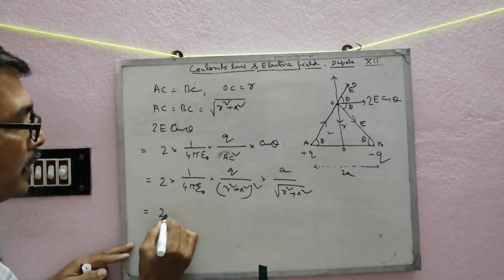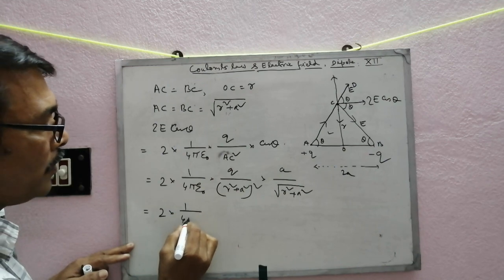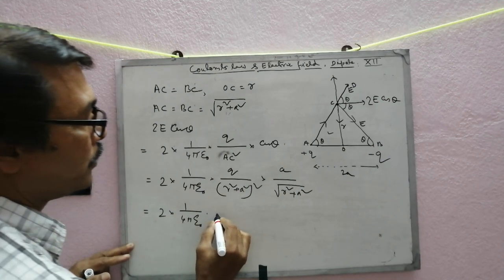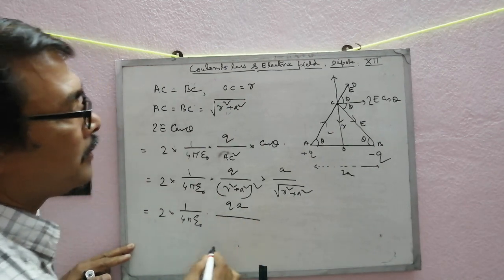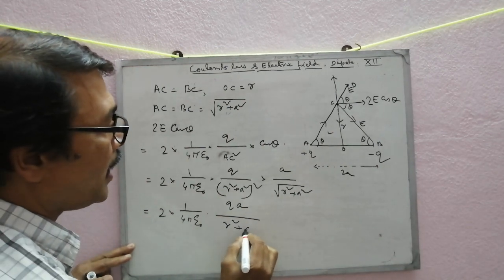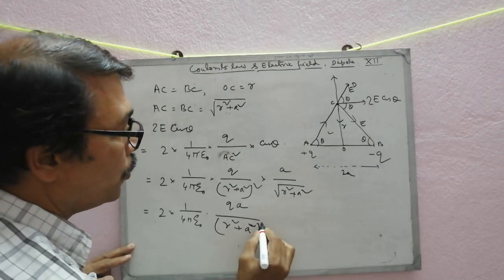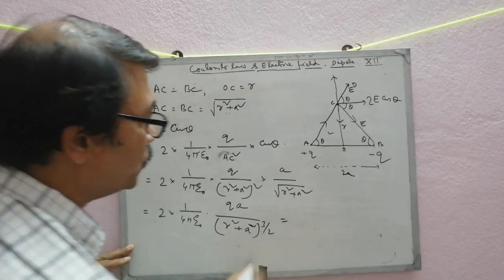So the final equation is 2 into 1 by 4 pi epsilon naught QA by R square plus A square whole to the power 3 by 2.